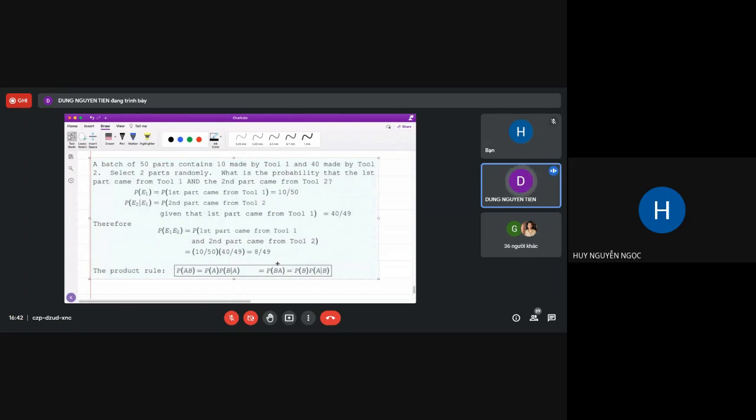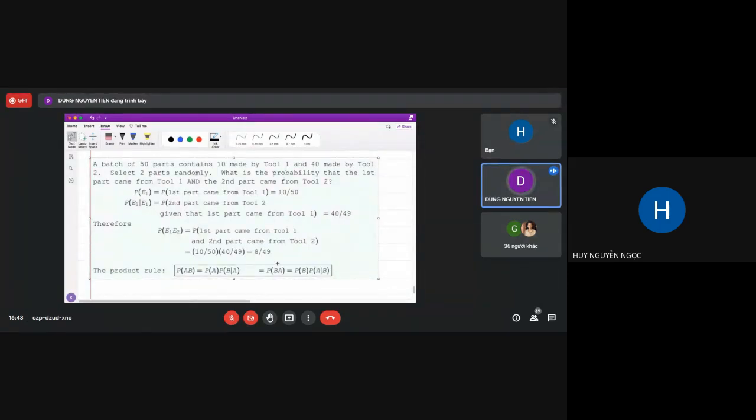So if you already knew that the first part came from tool 1, then there are only 49 parts left in the batch, with 9 items made by tool 1 and 40 items made by tool 2. Then the probability of getting a part which came from tool 2 is 40 over 49.